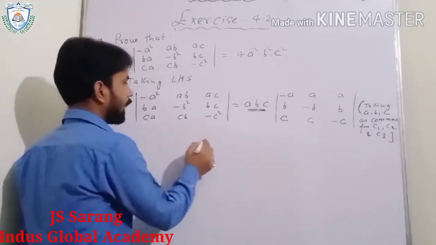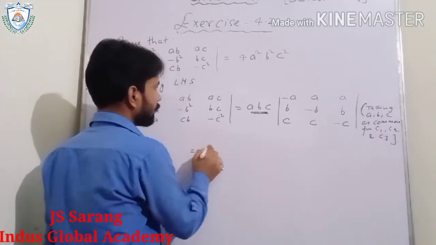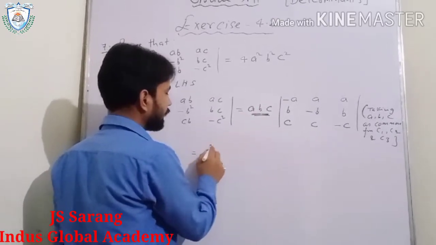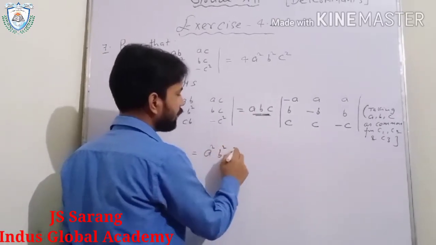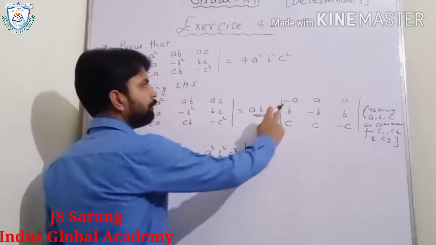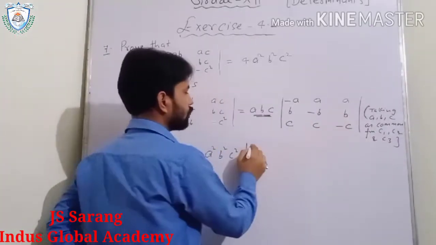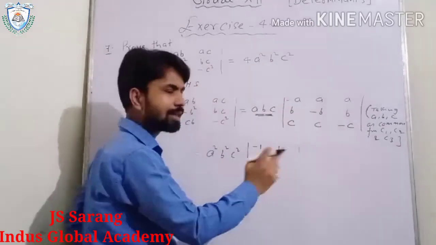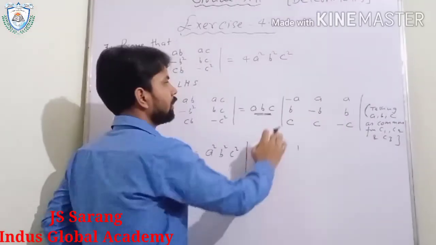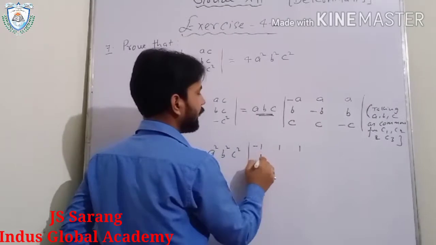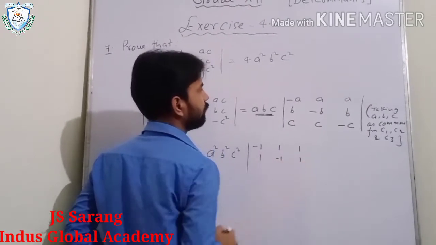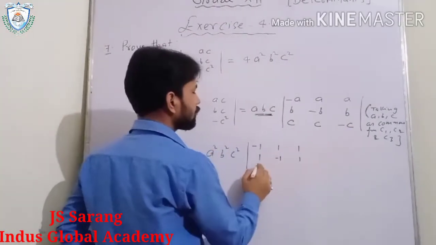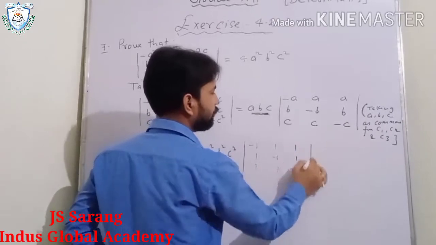So again I am taking abc common, so we will get a square, b square, c square. If a is common from the first row, we will get minus 1, 1 and 1, because a is common. So what is left? 1 will be left. b is common, so we will get 1, minus 1, 1. c is common, so 1, 1 and minus 1.